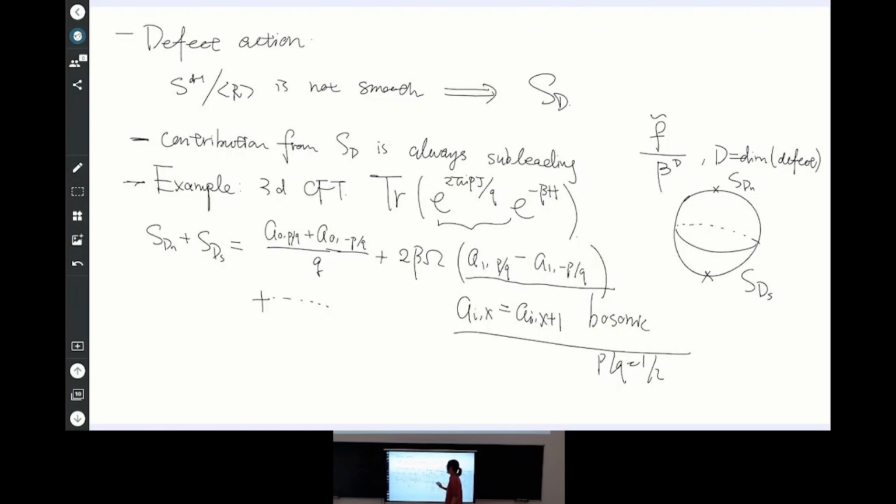So if you compute trace (-1)^j in a 3D bosonic CFT, then you won't have a linear term in a defect action. We computed the defect action for a 3D free scalar with Z2 flavor twist, and this is indeed what we observed. Okay, I think I ran out of time, so I will stop here.